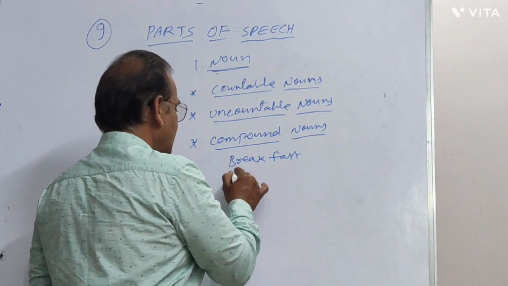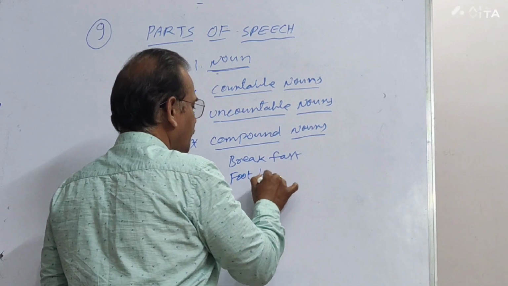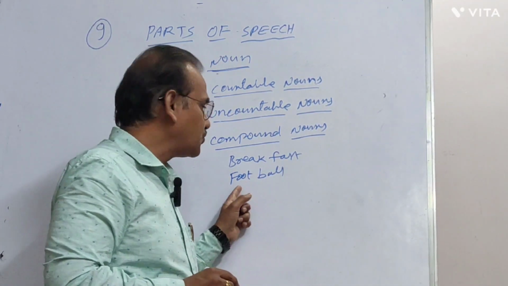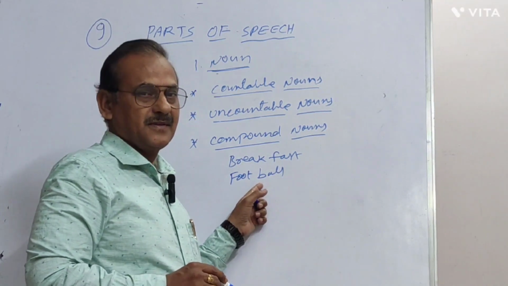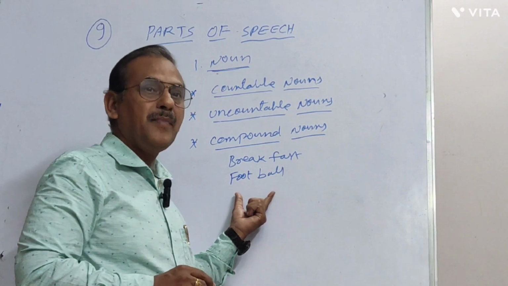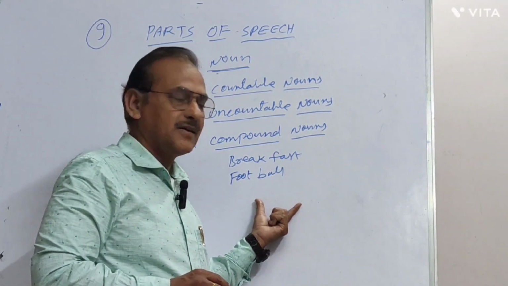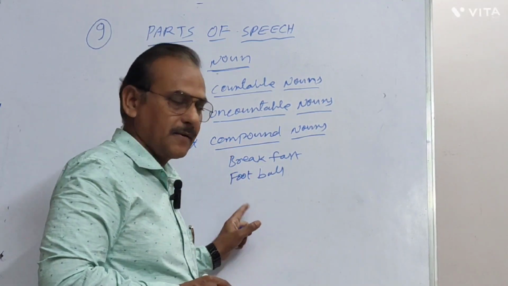Another one is football. These two are different words, but whenever they are combined with each other, automatically another word is formed. So that is why it is called a compound noun.